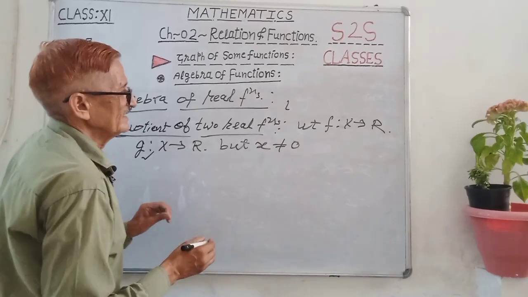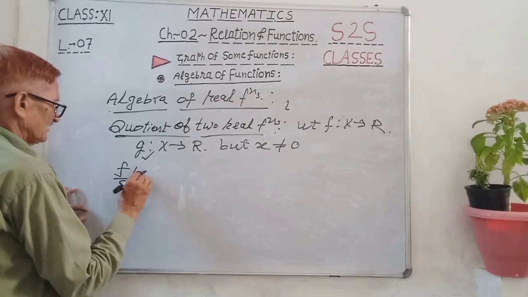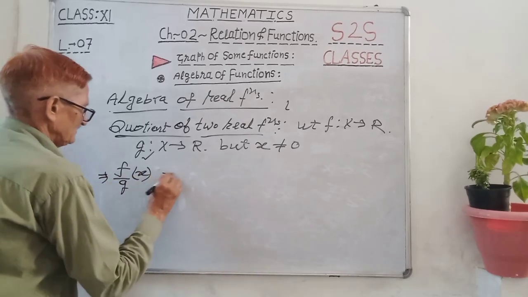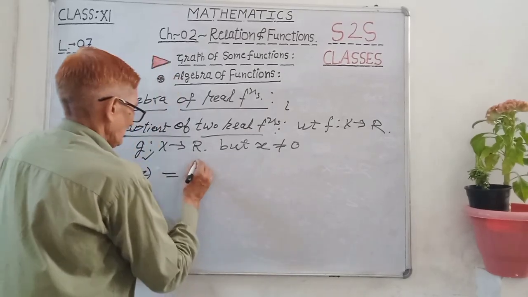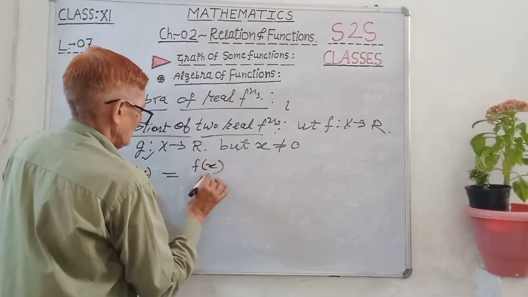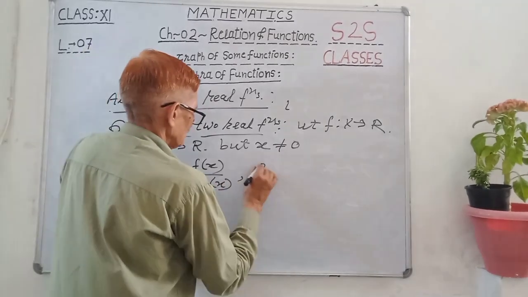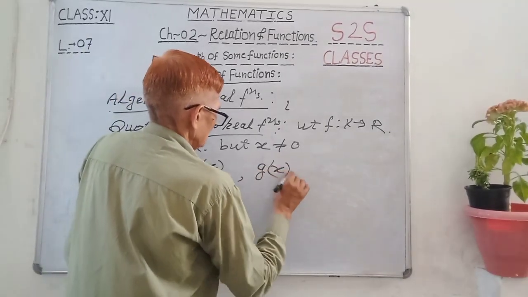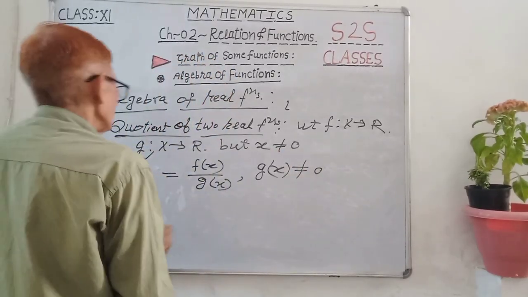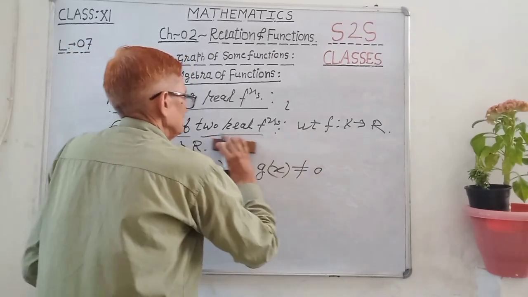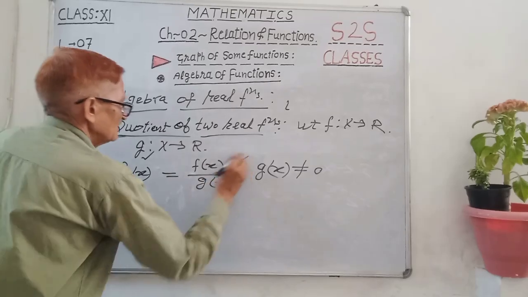Because it is division, that means f upon g of x, and division means g should not be 0. So f(x) upon g(x), g(x) should not be 0. Then here we just divide.